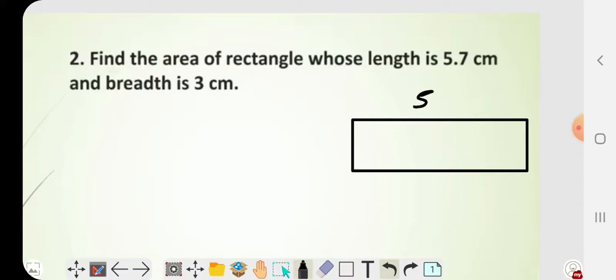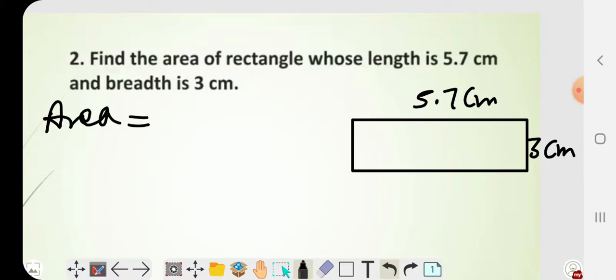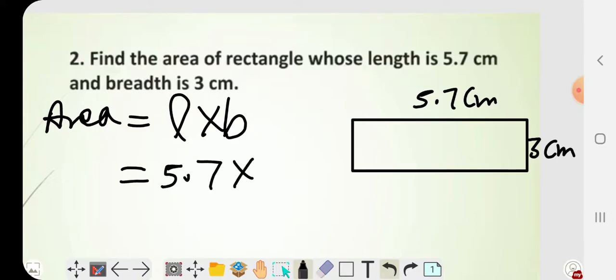Length is 5.7 centimeter and breadth is 3 centimeter. So what is the area of the rectangle? As we all know, area is length into breadth. What is the length? 5.7 and the breadth is 3.